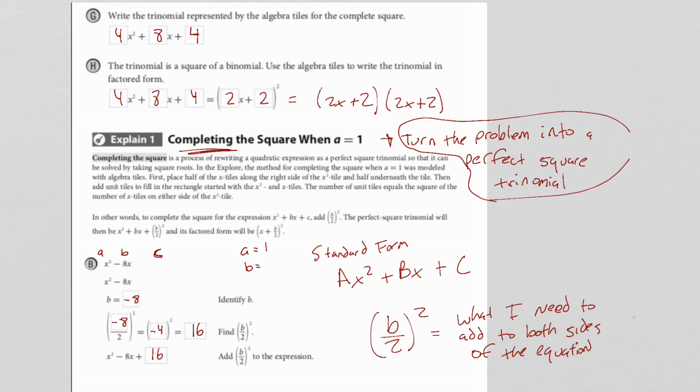You are adding something so that you can then factor this into that condition where a plus b squared is equal to a squared plus 2ab plus b squared, or this other condition, a squared minus 2ab plus b squared.